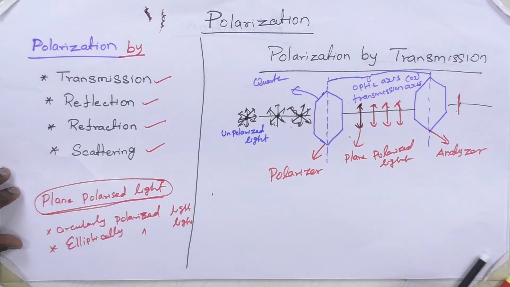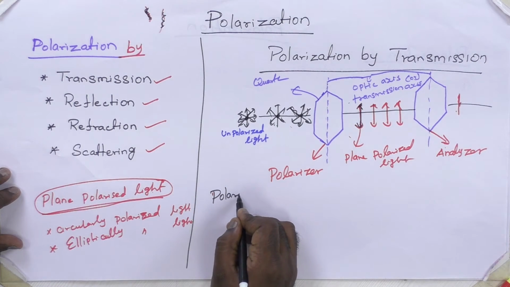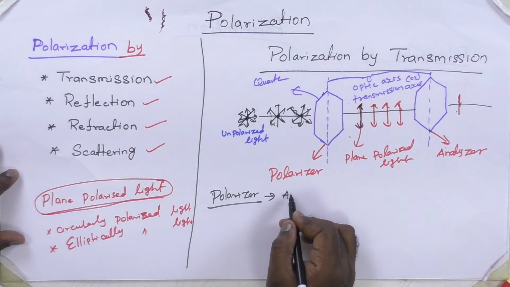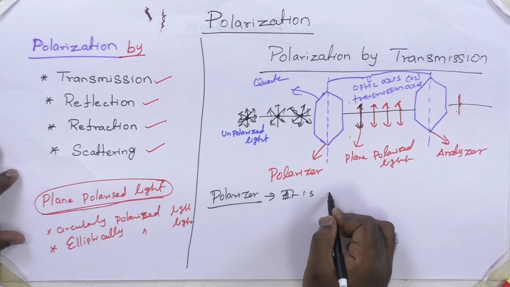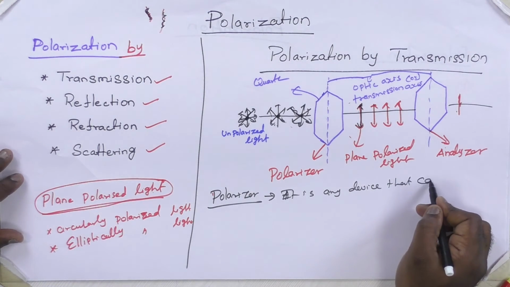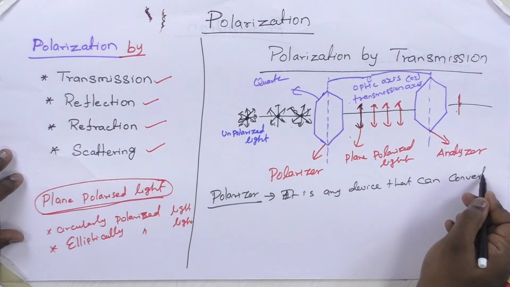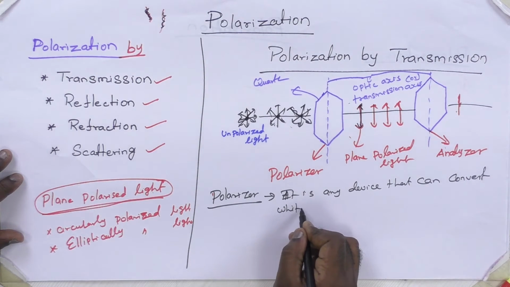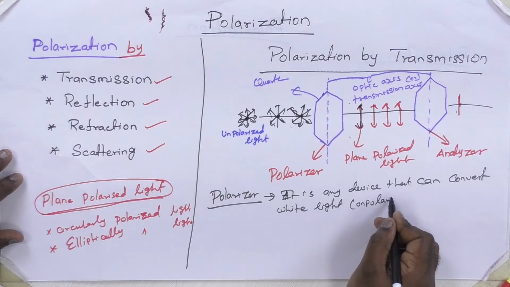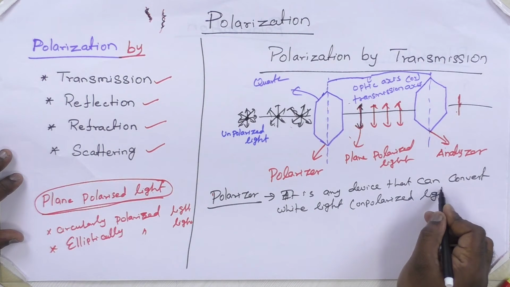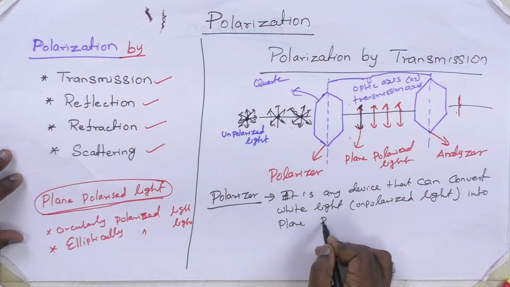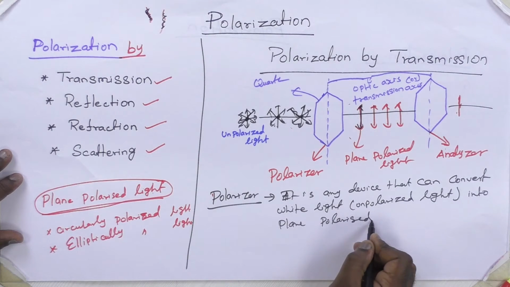A polarizer is any device that can convert white light, that is unpolarized light, into plane polarized light.